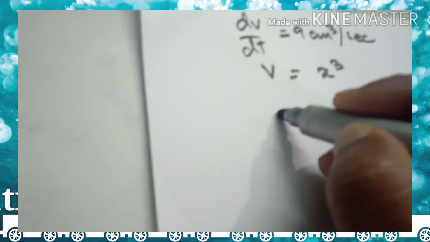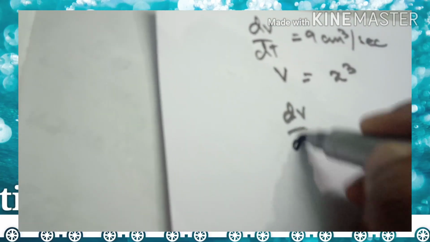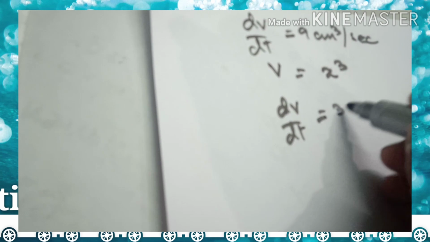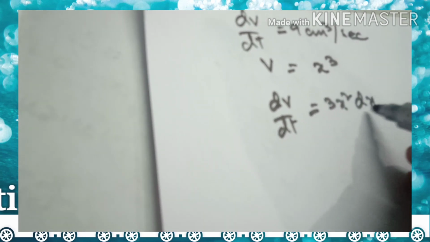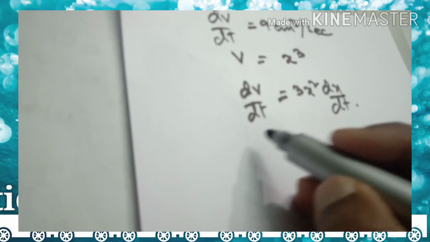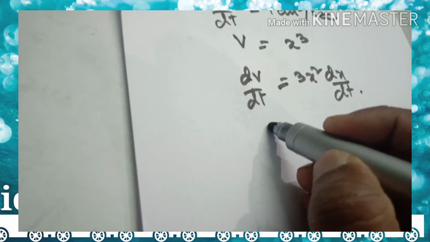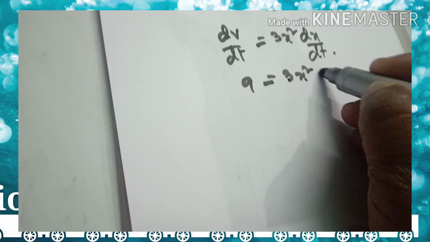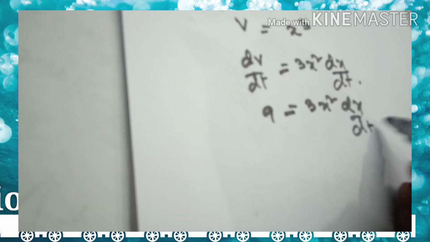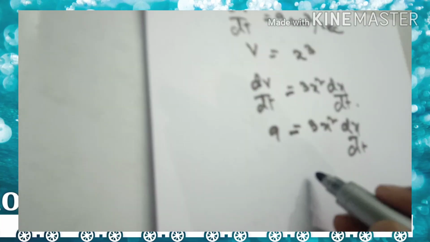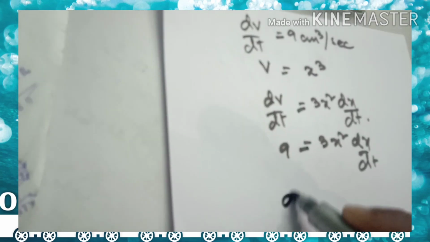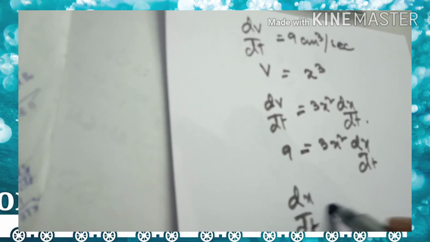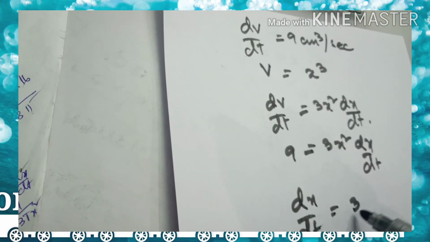So if I find the derivative, dV by dt is equal to 3x square dx by dt. Now it is already given dV by dt is 9. So 9 is equal to 3x square dx by dt, or dx by dt is equal to 3 by x square.